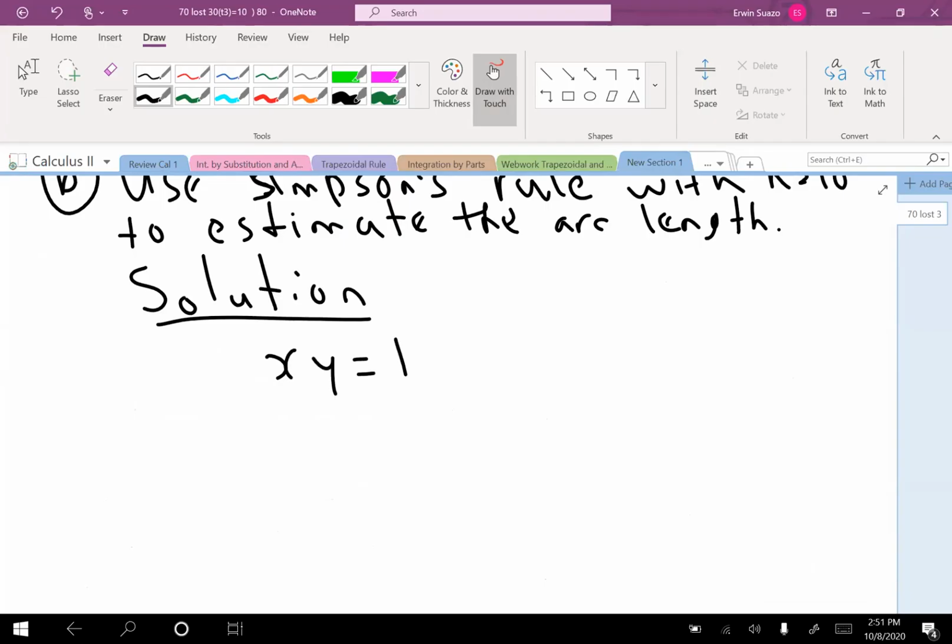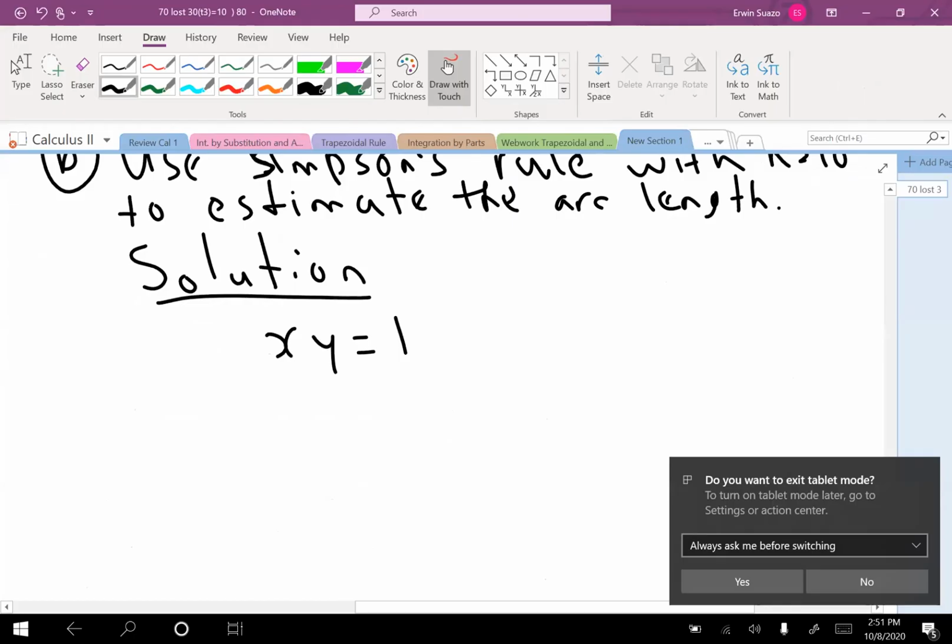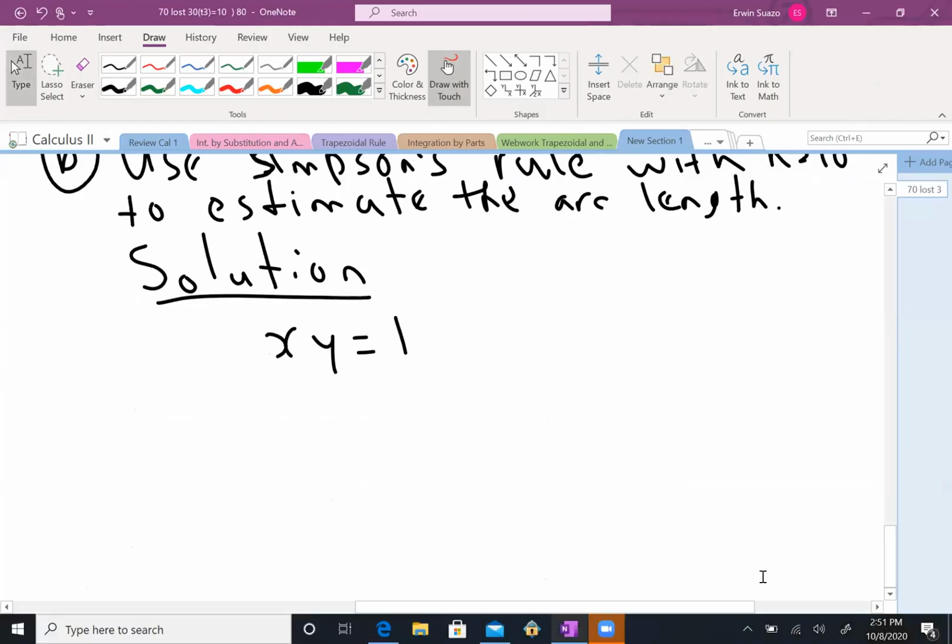So you will be able to use your calculator in your exam. It, of course, cannot be the most advanced calculators, because there are some calculators that just find integrals. So you cannot use that kind. But any reasonable calculator, you can use it to graph this. You have done it before.